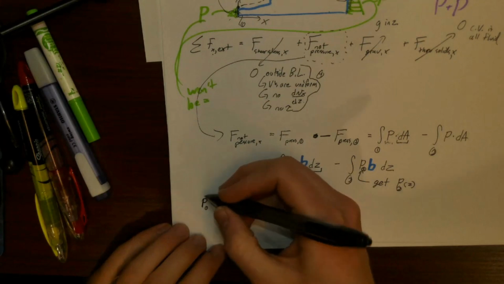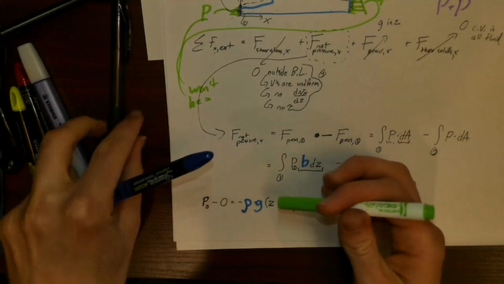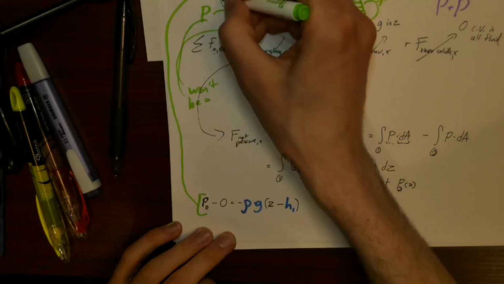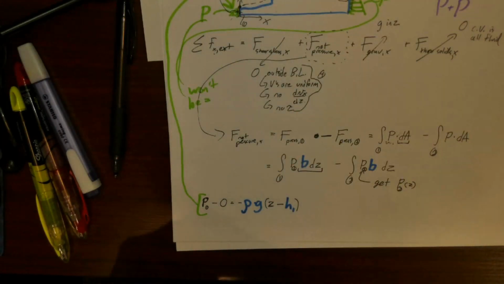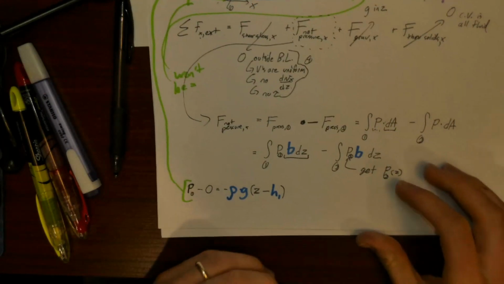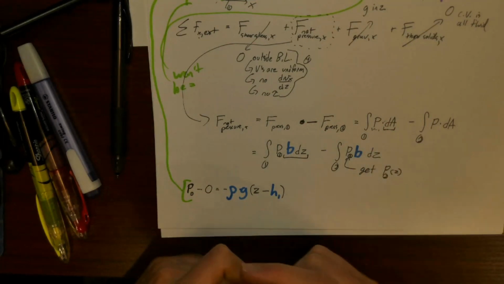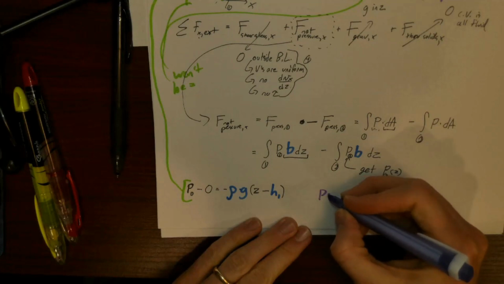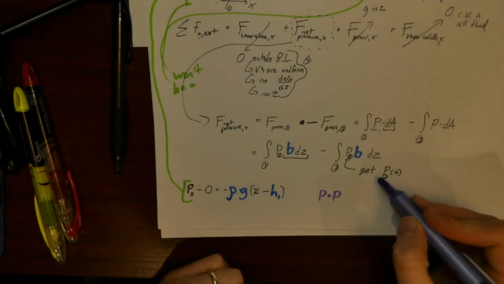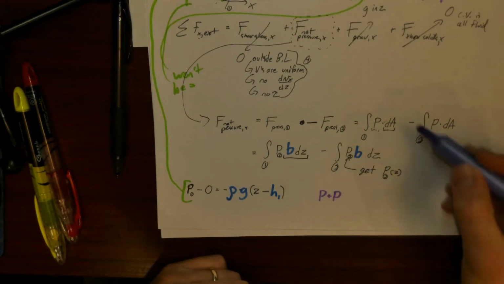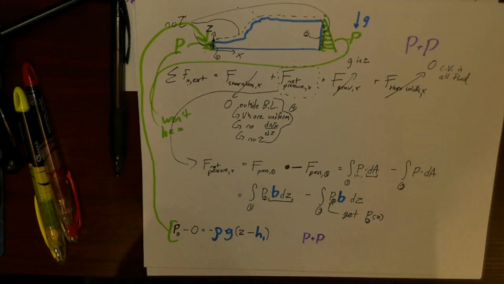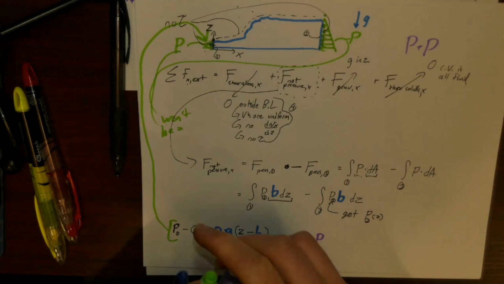So this equation right here describes this pressure distribution right here. Similarly, we'll need another pressure distribution for this one, so I encourage you to pause and ponder. Try to get the pressure distribution for this side. So take a moment, pause and ponder, see if you can get that.